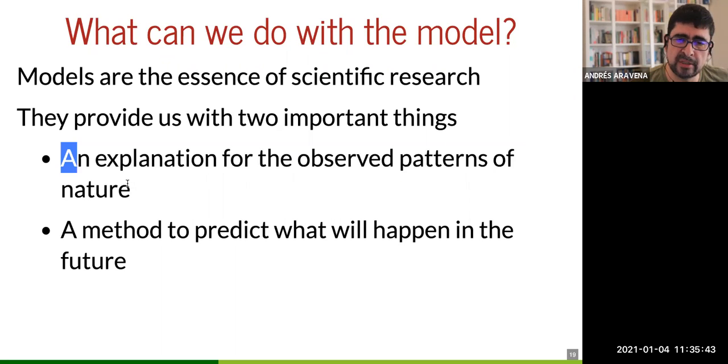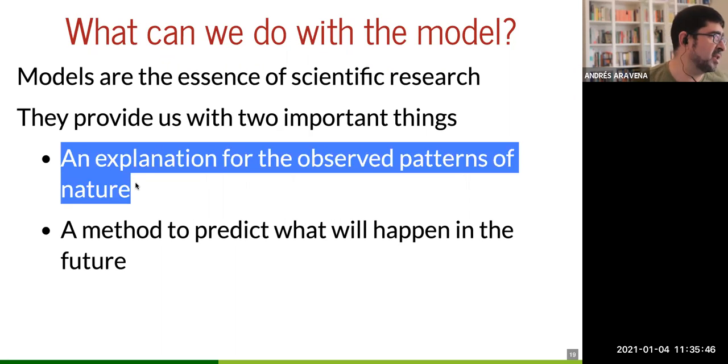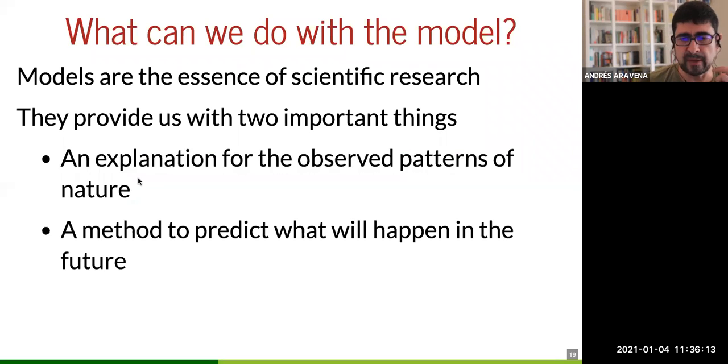And the explanation here is, well, at least a half explanation if you like, that the kilocalories of an animal increase with 75% of the mass of the animal, the number of kilograms. That is an explanation of how things grow. But the second point is a method to predict what will happen in a different experiment.